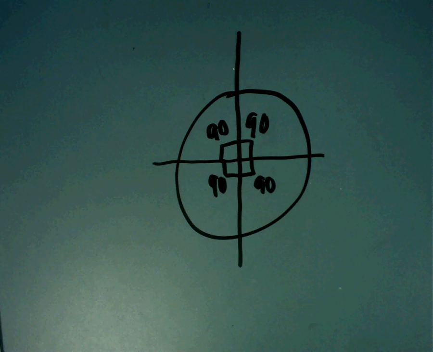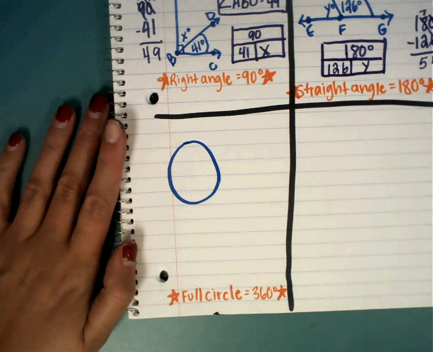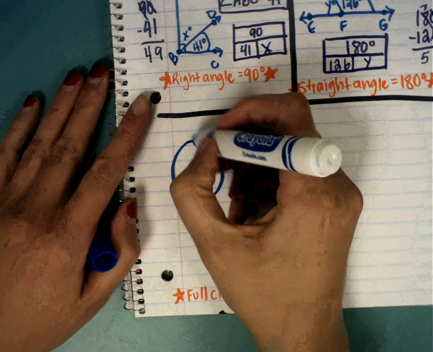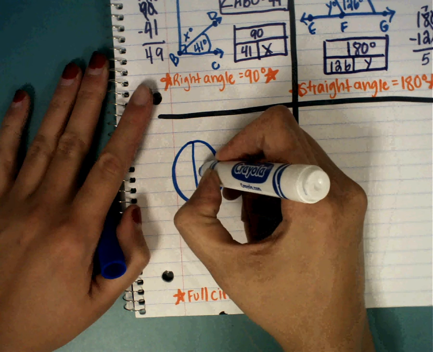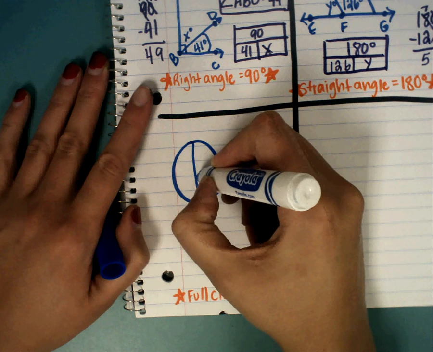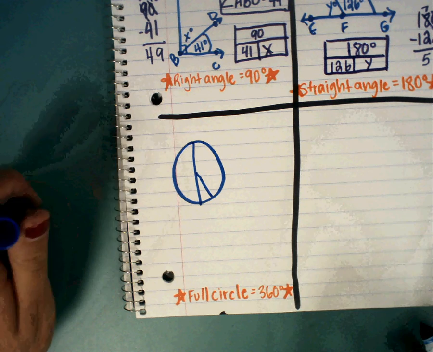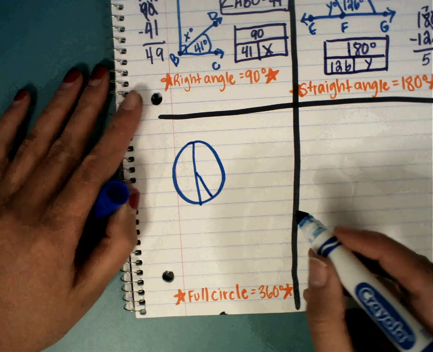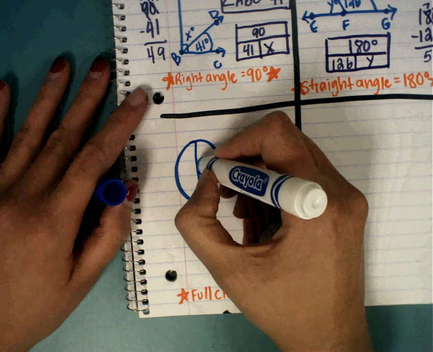So, like I was saying, let's say that we have this circle like this, and then we have like this, okay? So the only thing that they give me is this right here, and this is 163 degrees.